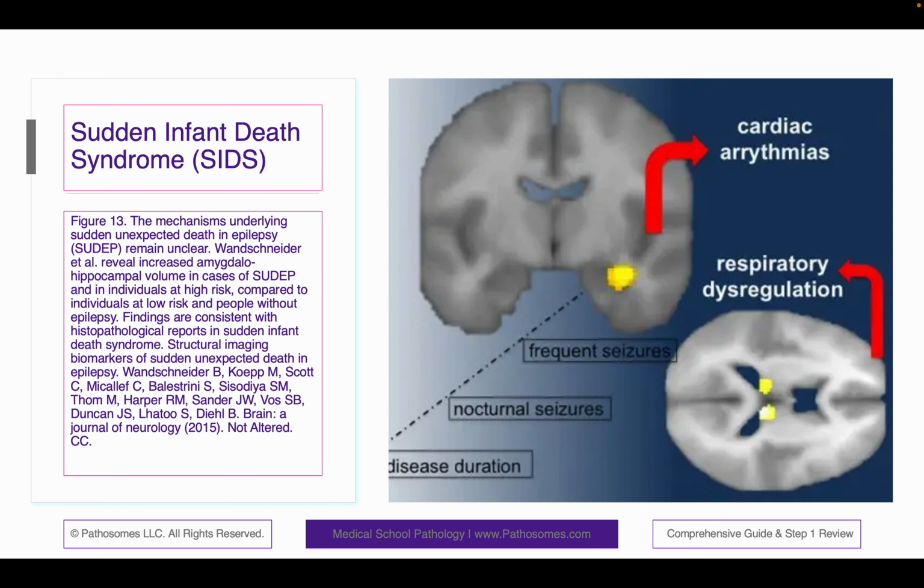It is believed that this ties into neurological issues related to seizing or parts of the brain not properly regulating cardiac input or respiration. That's all theoretical.